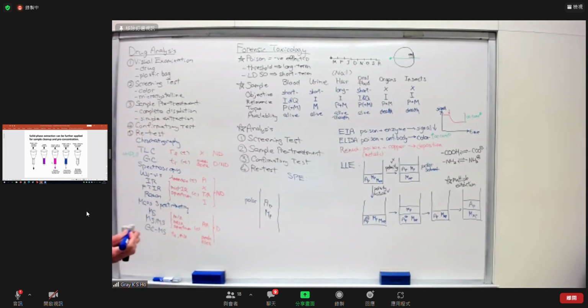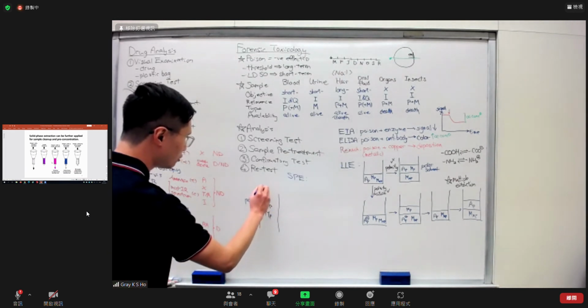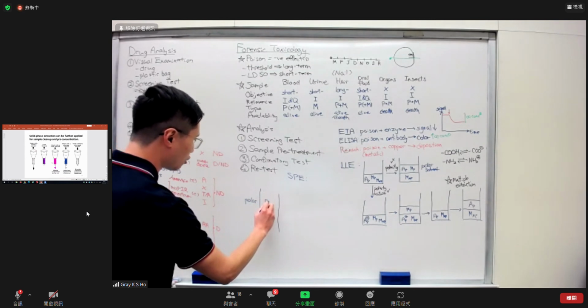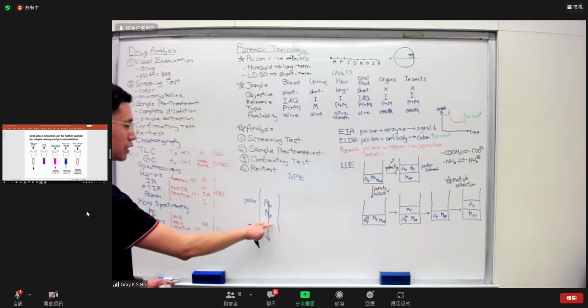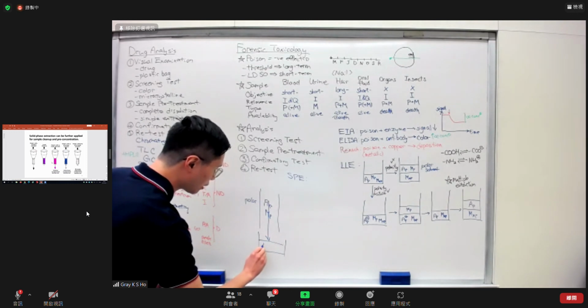Normally, with the SPE, you elute with a very strong affinity solvent. What it means is, if you elute with the strong affinity solvent, all the things trapped inside the cartridge will be eluted out at the same time.